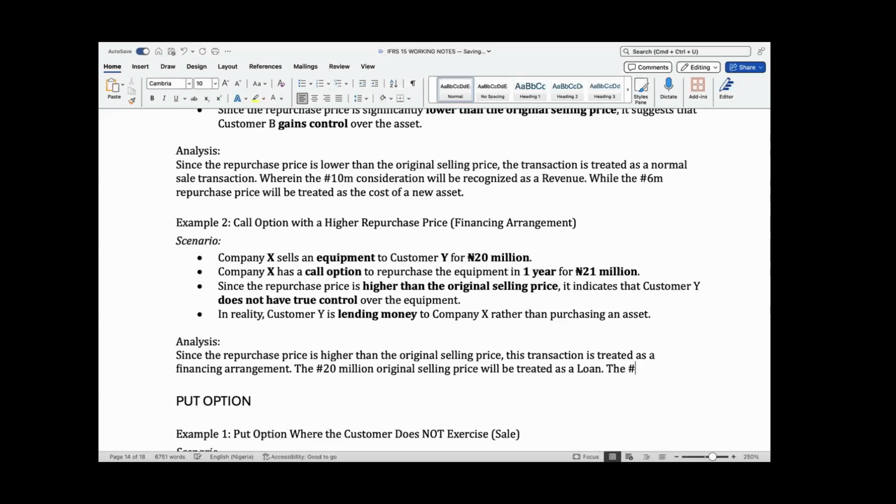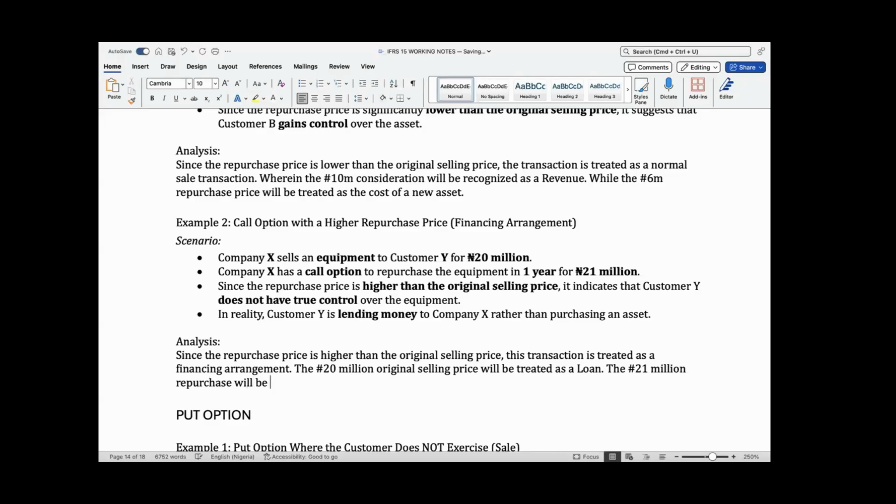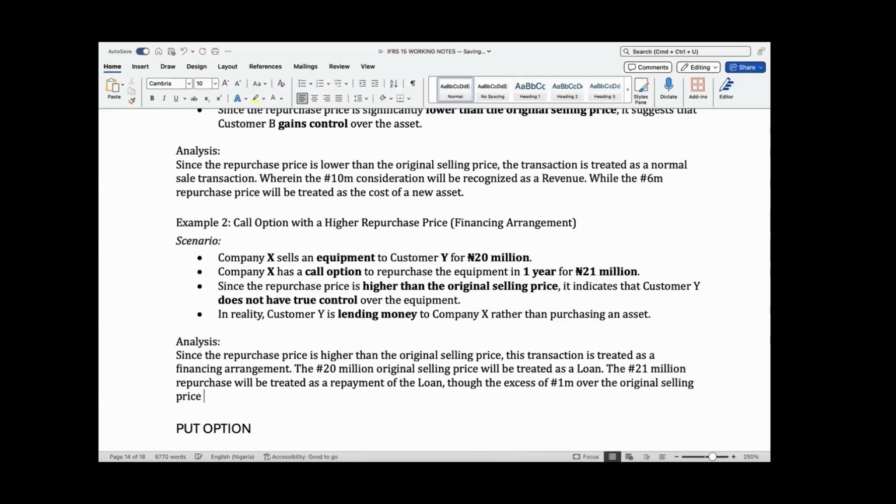The 21 million repurchase price will be treated as a repayment of the loan, though the excess of 1 million over the original selling price will be treated as an interest expense. That's how we will put it as a finance cost in P&L. That's how this is going to work.